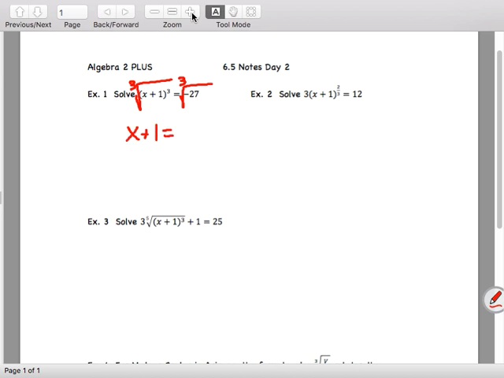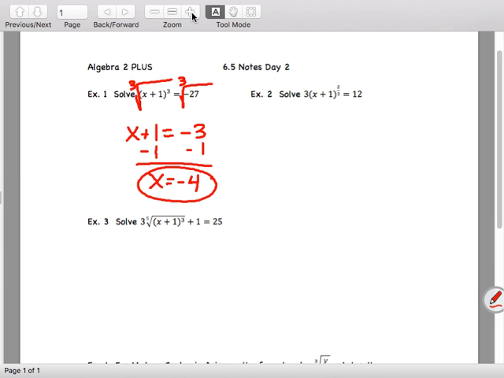If you have your pink paper with your powers, the cube root of negative 27 is negative 3. Subtracting 1, x is negative 4. I'm not getting any extraneous solutions because that's an odd root, okay?